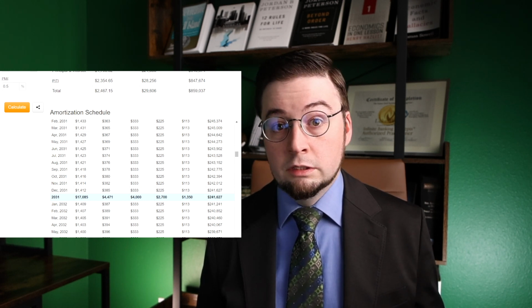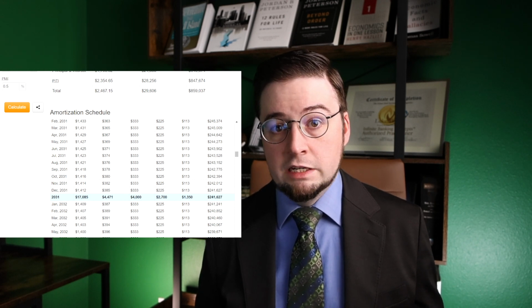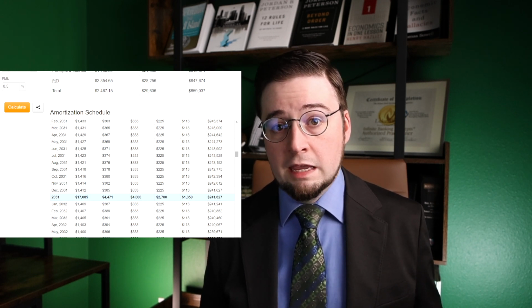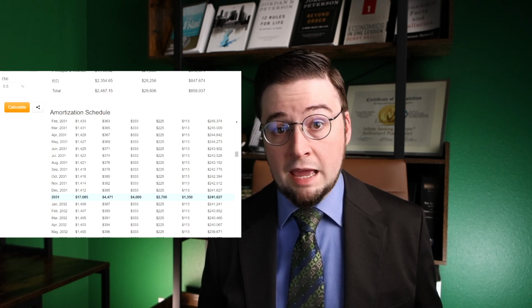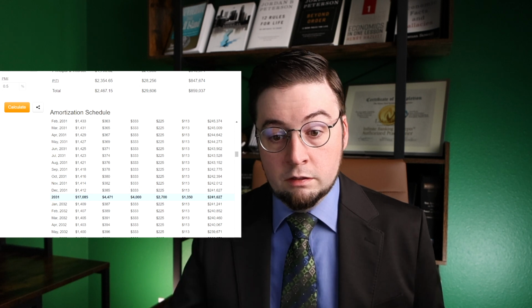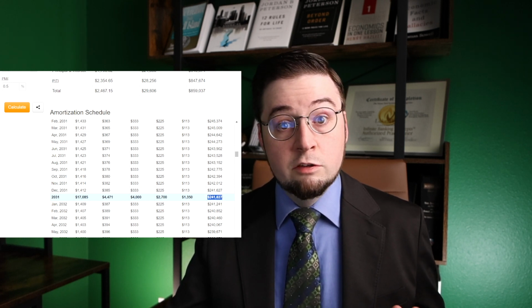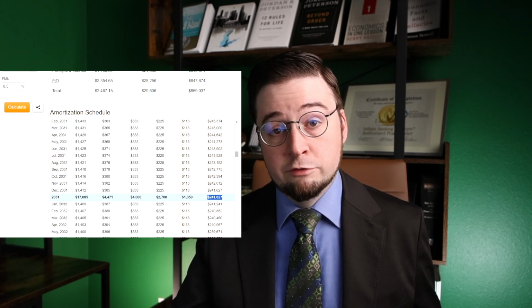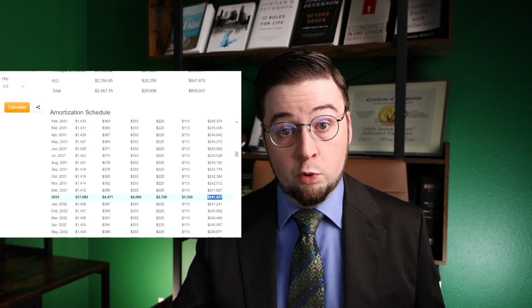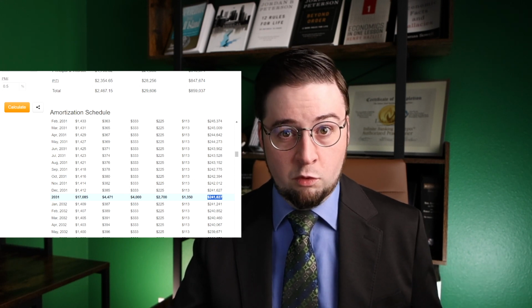Now remember, your original loan was $270,000. You've almost paid the entire amount that you originally loaned from the bank back. As you can see here in the far right column, that is the remaining principal balance on the loan at that time, after the 12 payments in 2031, if you were to take it in January of 2024.